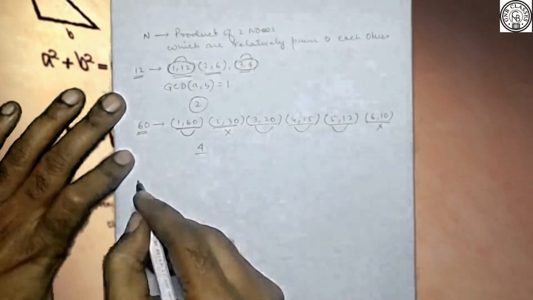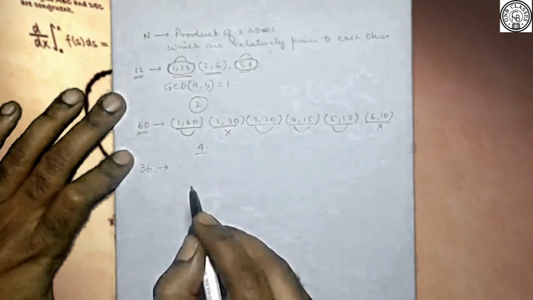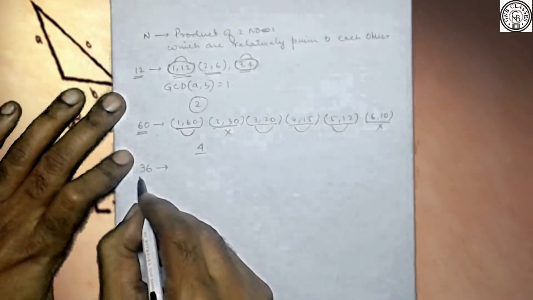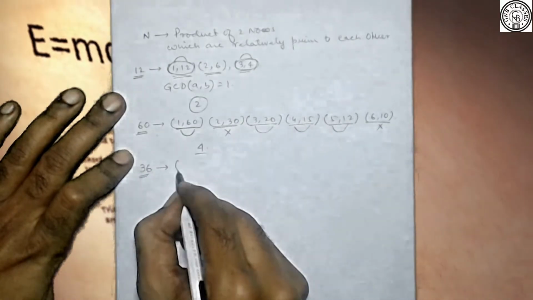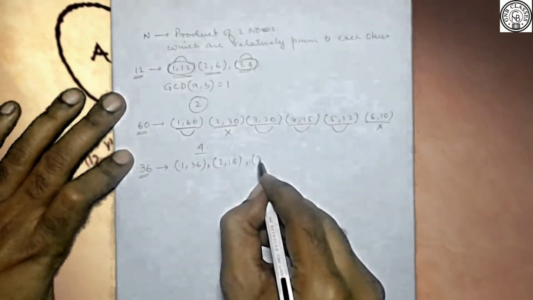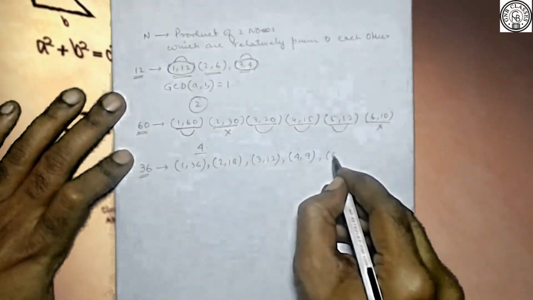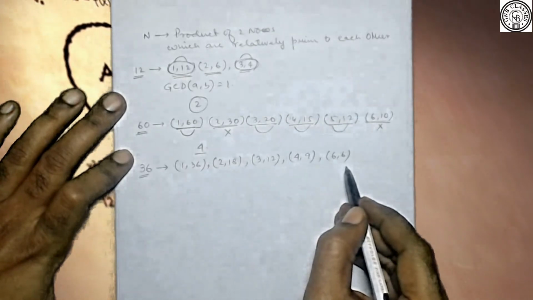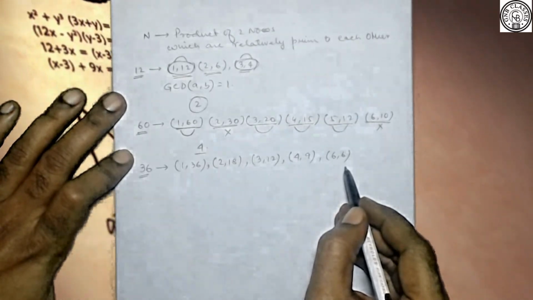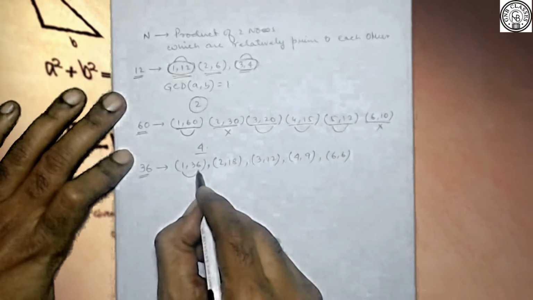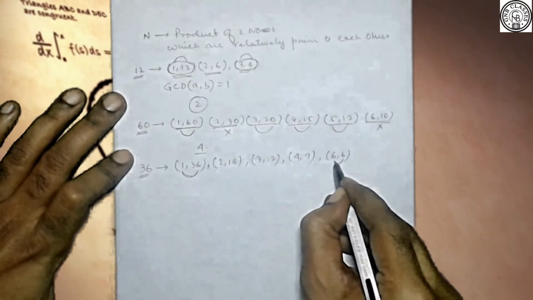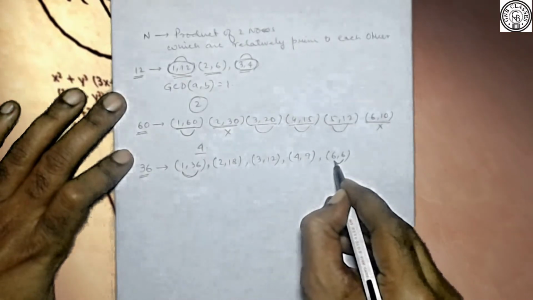Okay. Now let us do the last one, which is 36. What are the pairs which when multiplied give you 36? Now out of these, which pair is relatively prime to each other? Here 1 and 36 are relatively prime. Here 6, 6 is the only pair where the numbers are repeated.